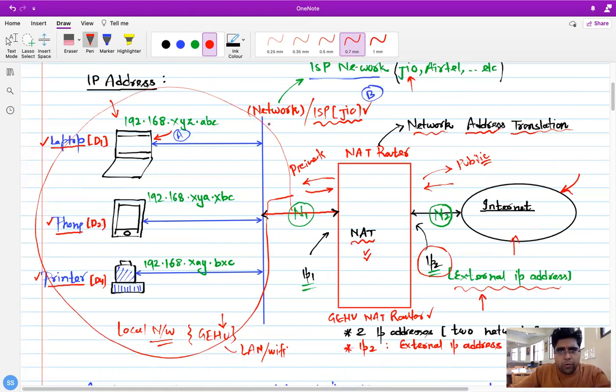So why would you want to use the net instead of the local network to communicate with all these devices? It would be super easy, right? If you know the IP address of other devices, you can use this local network only, without going to the internet, and you can communicate with each other.